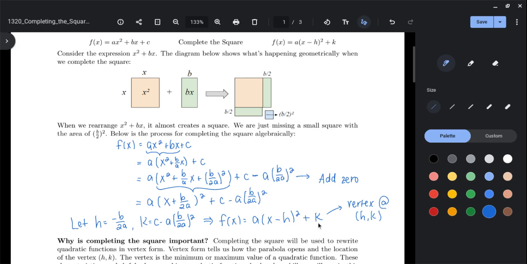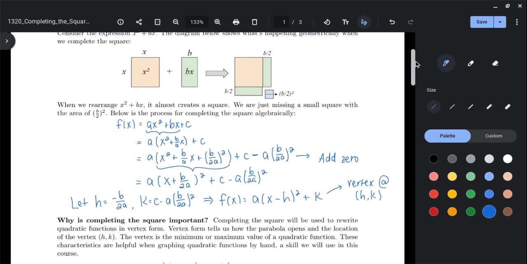So if we were asked to just find the vertex, we could use these formulas here. Given our standard quadratic equation, we can find the x value of our vertex by calculating negative b over 2a, and then our y value of our vertex by calculating this formula we have for k, which you'll see an example of in just a second.